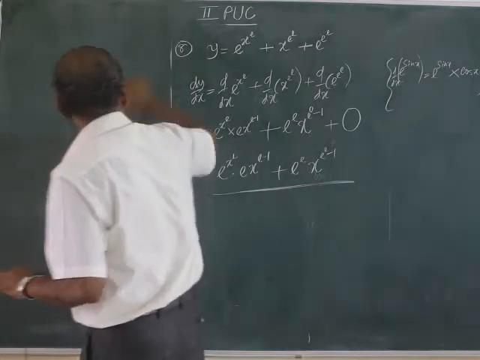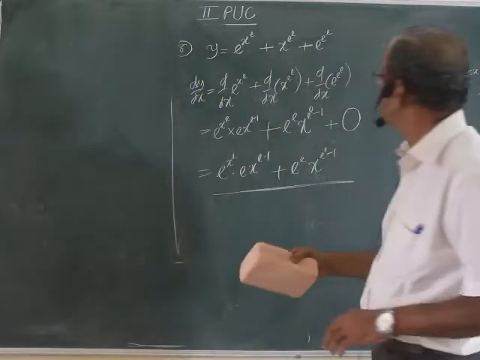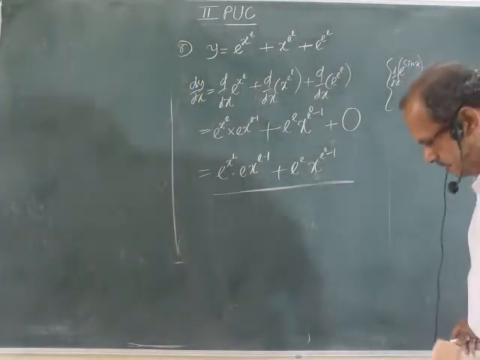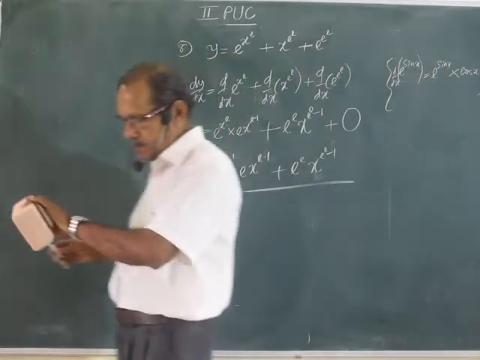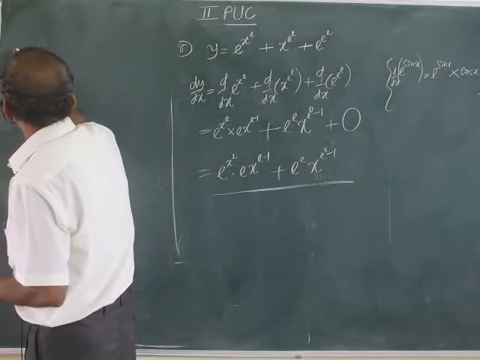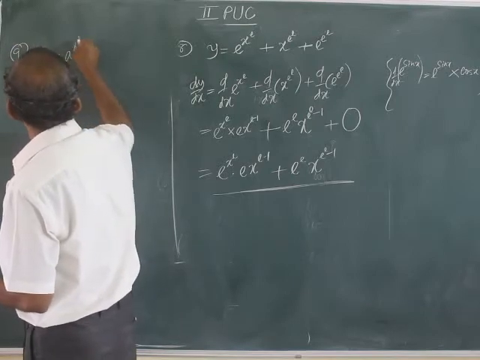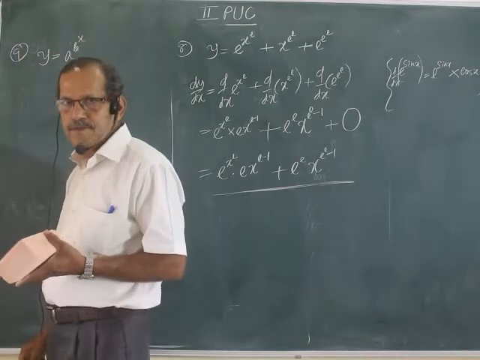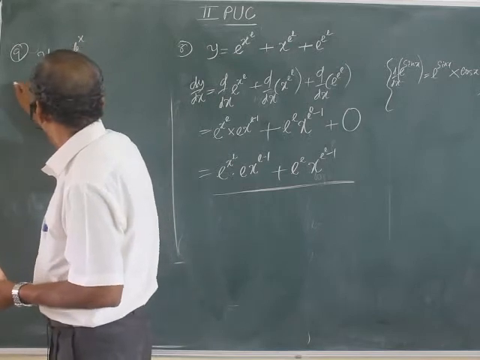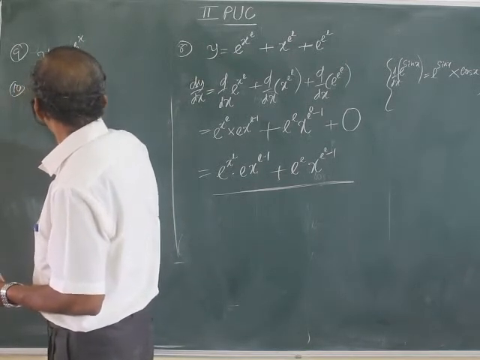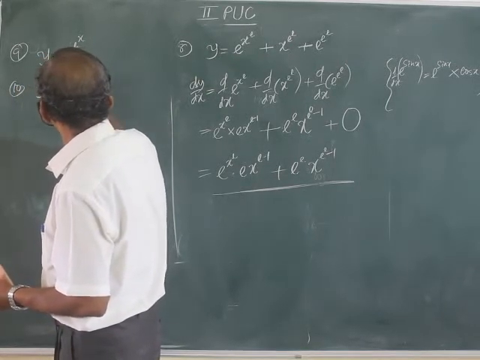Next, if you want, let me tell you one more problem of the same type. Ninth one, y equal to a to the power b to the power x. 10th one, y equal to a to the power x to the power b.